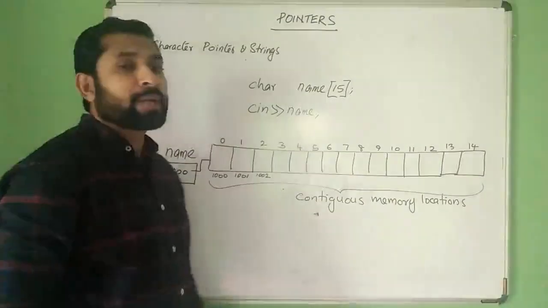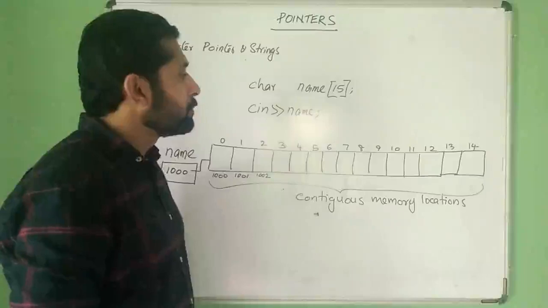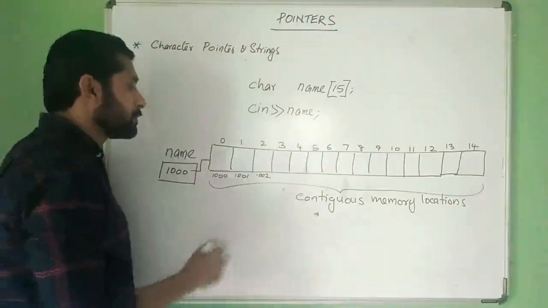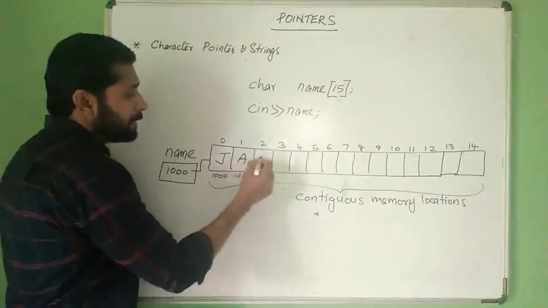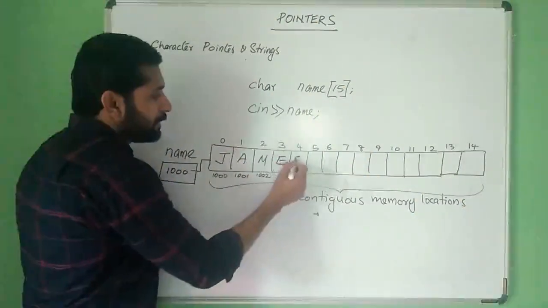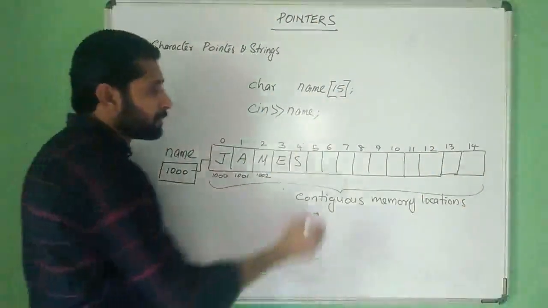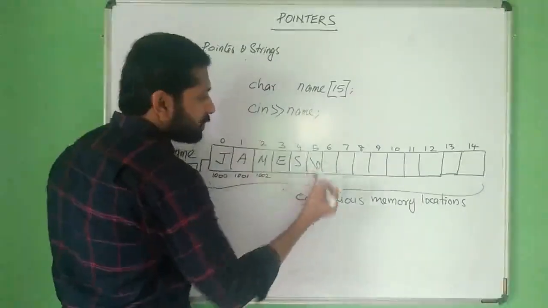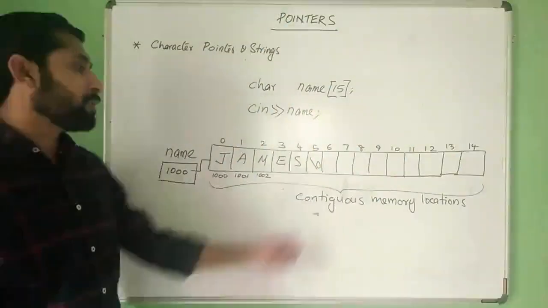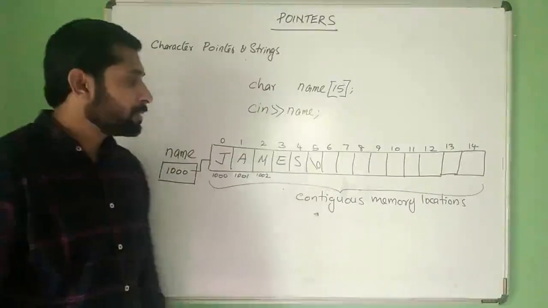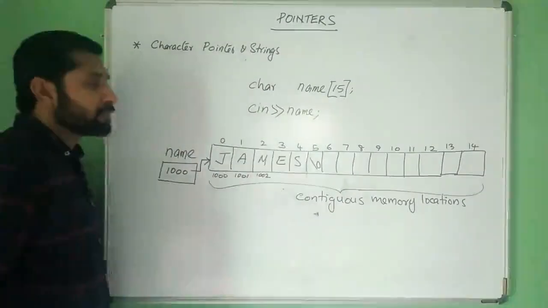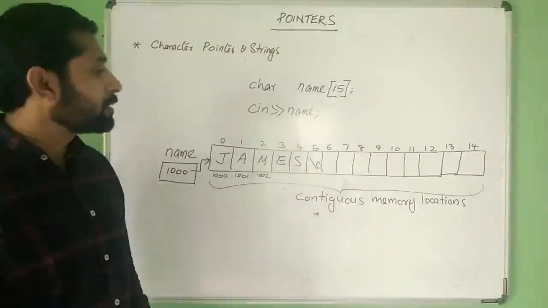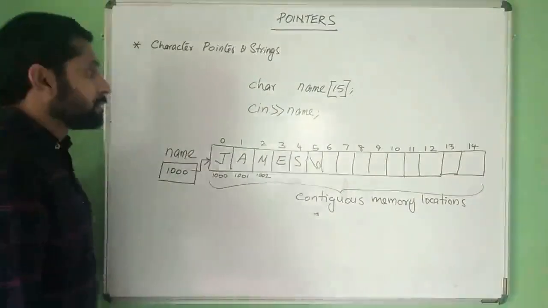And suppose we are inputting a name, say James. J, A, M, E, S will be stored like this, and the last character will be the null character, showing the end of the string. So this is the way we used for handling strings.